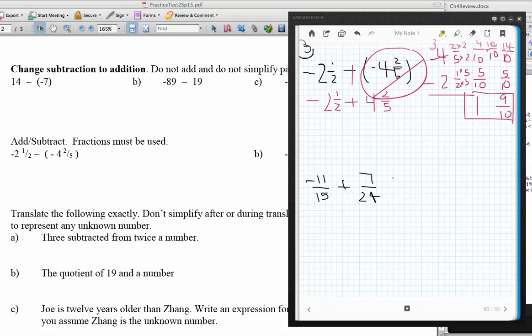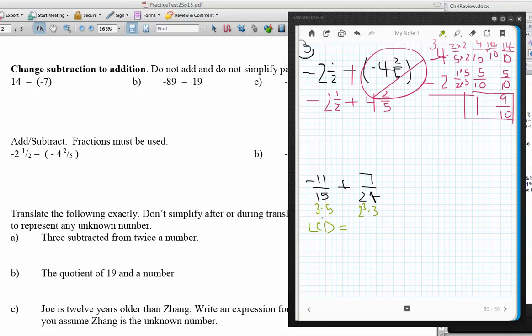Now moving on to the next one, I need to find a least common denominator for this. So 15 is 3 times 5, and 24 is 8 times 3, and 8 is 2 times 2 times 2, or 2 cubed, times 3. My least common denominator is going to have the unique prime factors that I see up here.